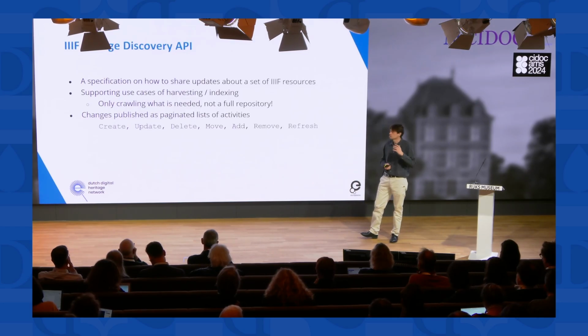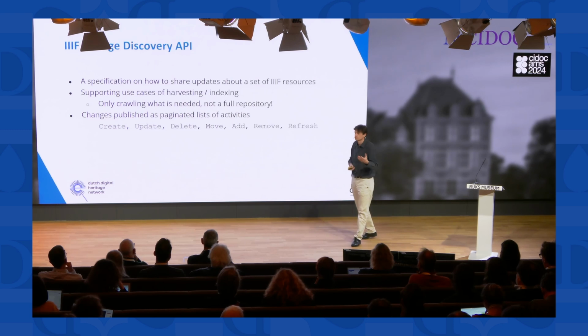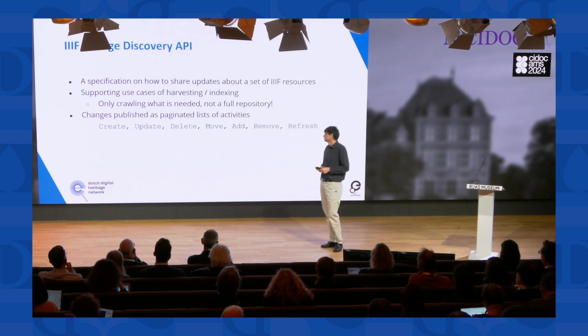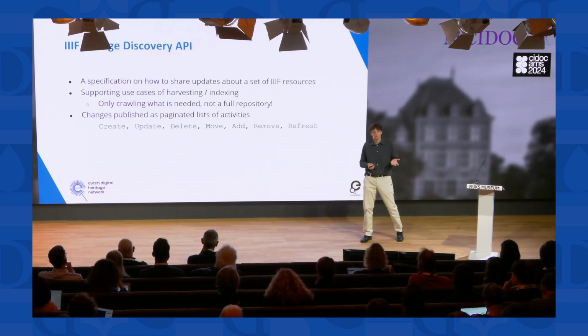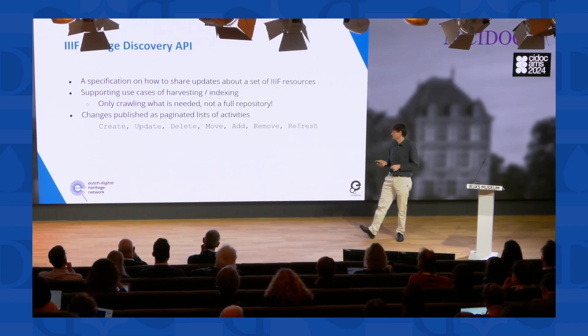The idea is to crawl only what is needed when there is a change in a repository, not to do everything and then figure out what has changed. So it enables publishers of data to declare a list of activities about what's happening in their repository. So when something gets created, when something gets updated, when something gets deleted, etc.